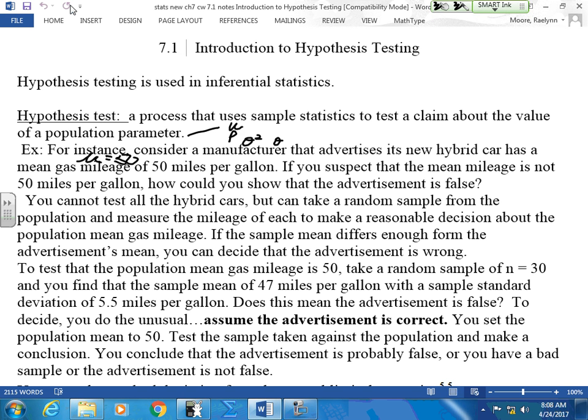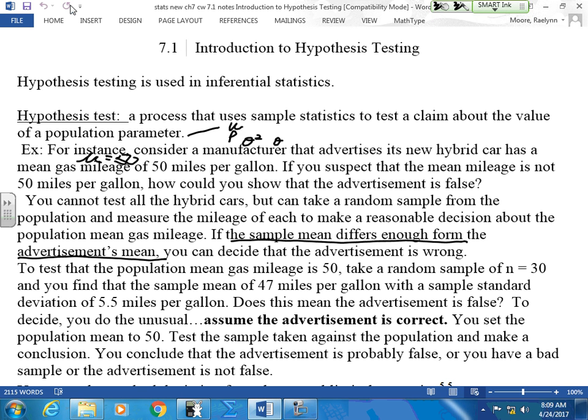You cannot test all the hybrid cars, so you get a random sample and measure the mileage of each to make a reasonable decision about the population. If the sample mean differs enough from the advertisement's mean, you can decide that the advertisement is not really wrong, but false.